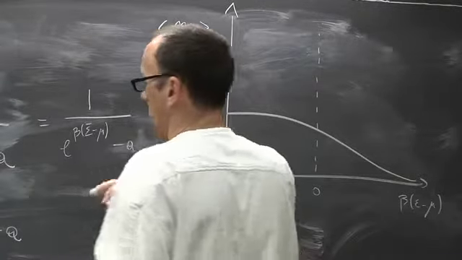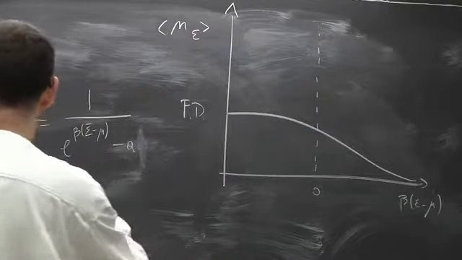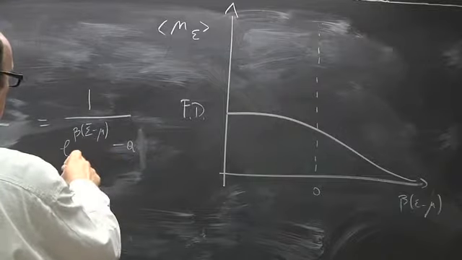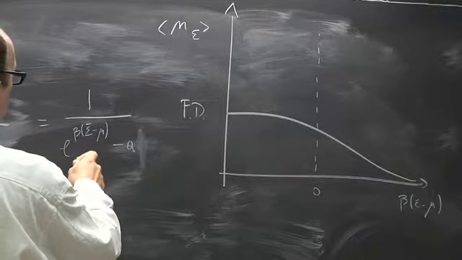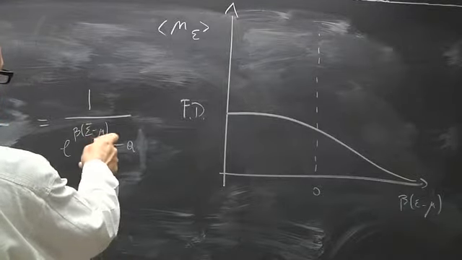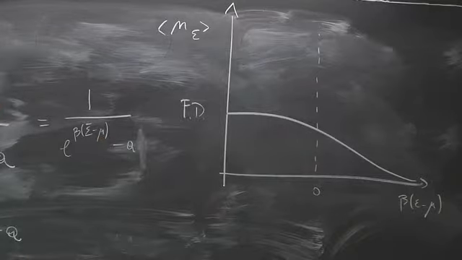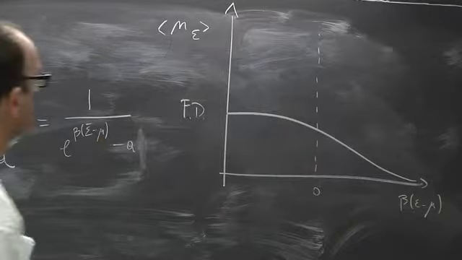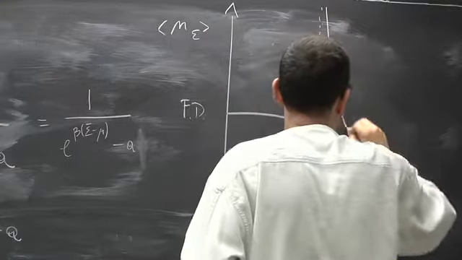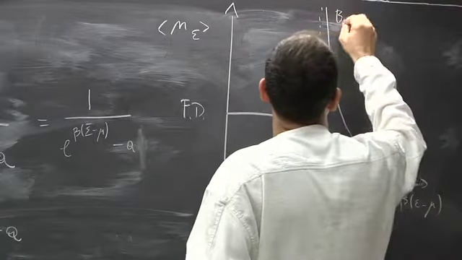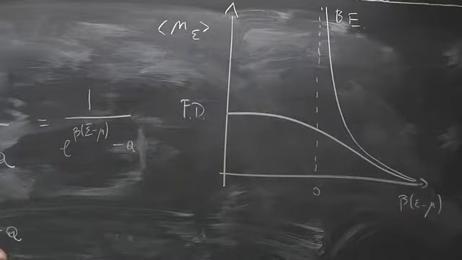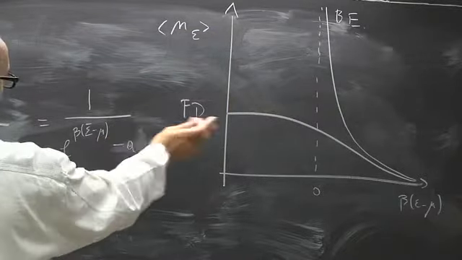Instead, in the Bose-Einstein statistics, you see that there is a divergence when beta times epsilon minus mu is equal to 0, whereas the Maxwell-Boltzmann statistics, where a is equal to 0, is just an exponential.